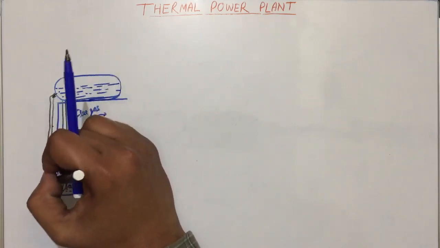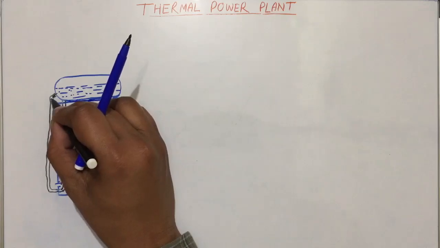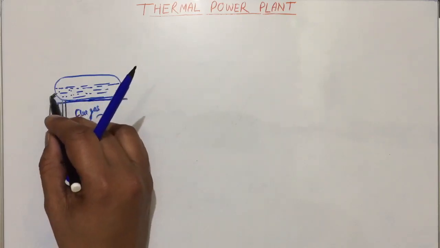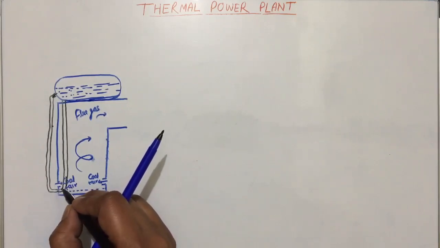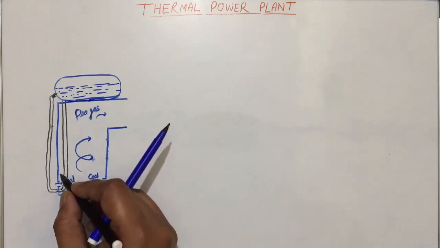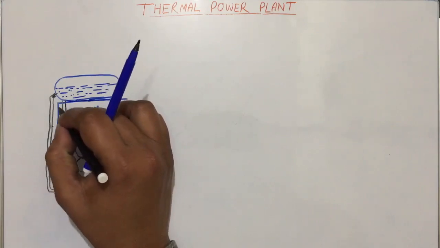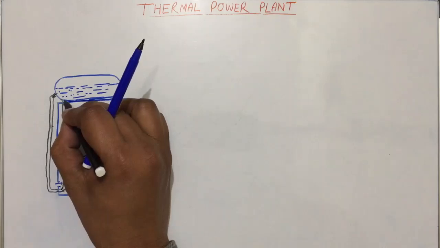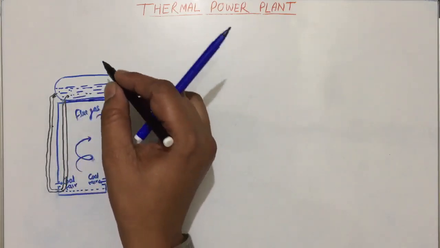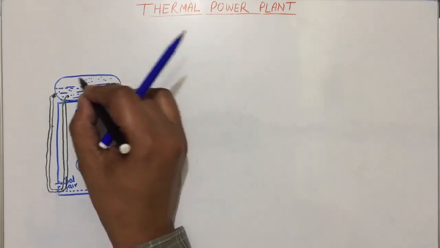In this section, the water flows naturally from high pressure to low pressure. However, here when it gets heated up, it rises and transforms into steam, and that steam comes into the boiler and gets accumulated here.